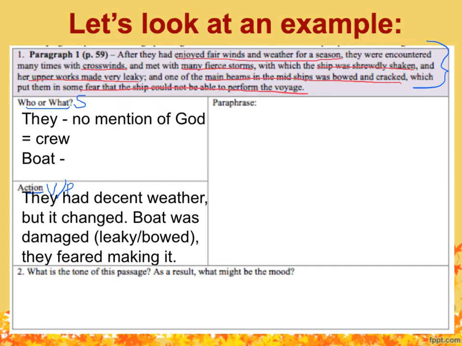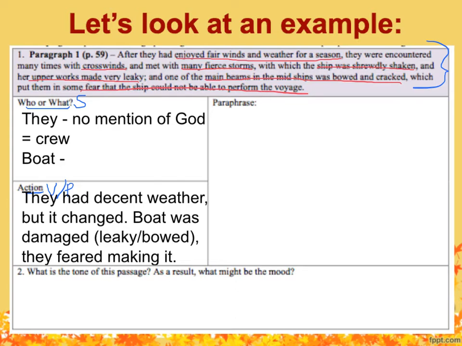Now, in this part, in my who and my what, I'm going to step out here for a second. So I looked at my annotation first. Then I thought about who or what, and I used that to drive my action. I am intentionally breaking this down into 2 steps here because I want to make sure I've thoroughly analyzed what's going on in these sentences, because there can be some pretty complex information.